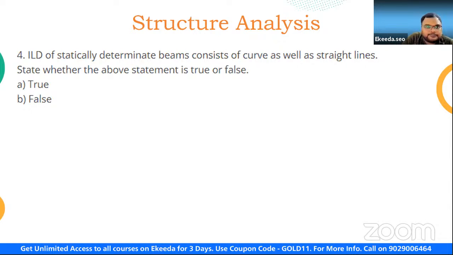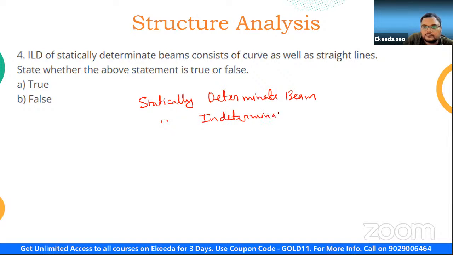Let me tell you guys that there are two types of beams basically. The first one is the statically determinate beam, and the second one is the statically indeterminate beam. I hope you are all aware of what is meant by statically determinate beam and what is meant by statically indeterminate beam.